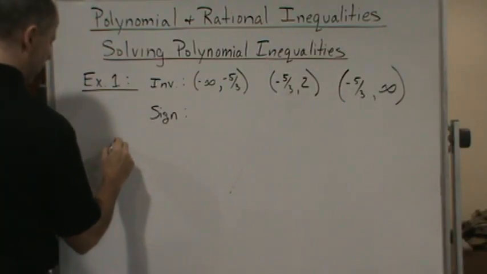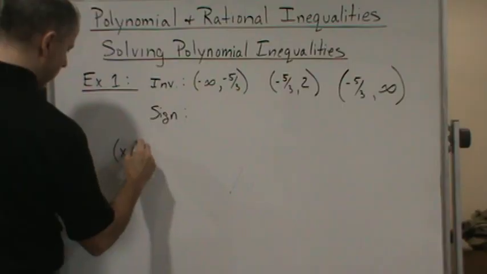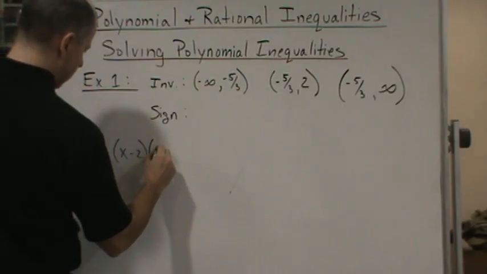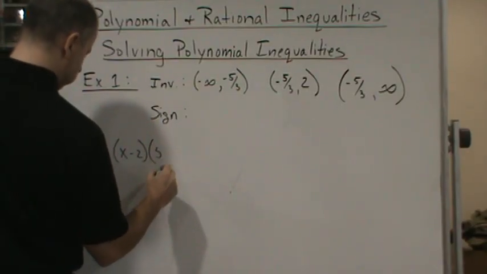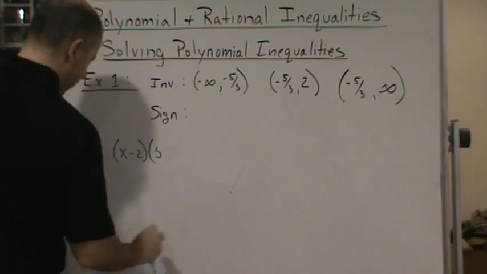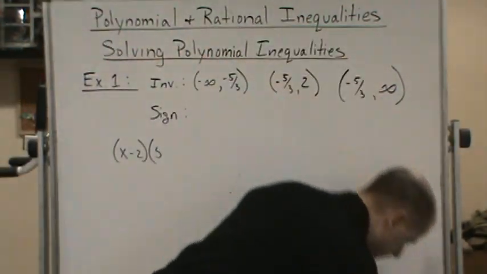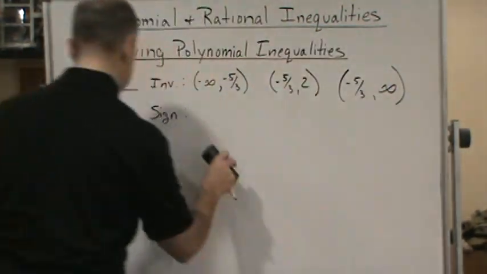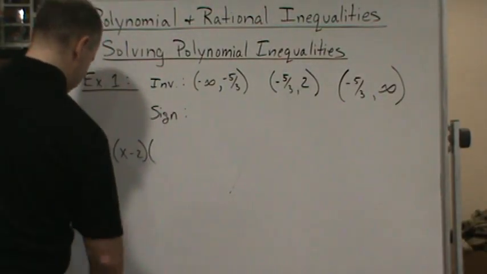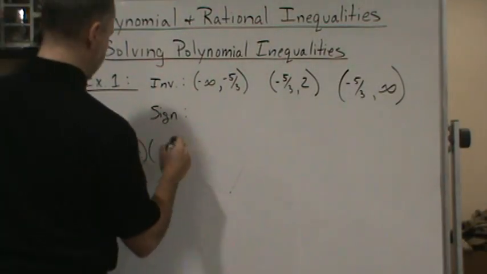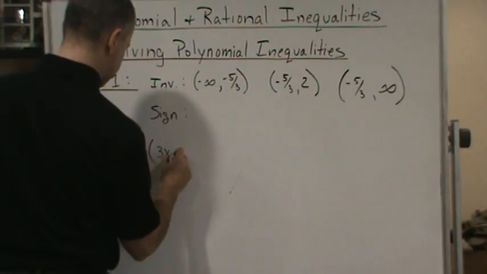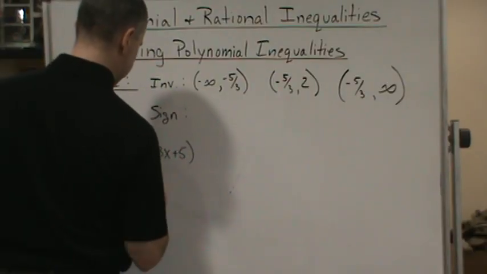Okay, now I'm going to write out the stuff again. So this was, what was it? 3x plus 5. So yeah, we got 3x plus 5, right?